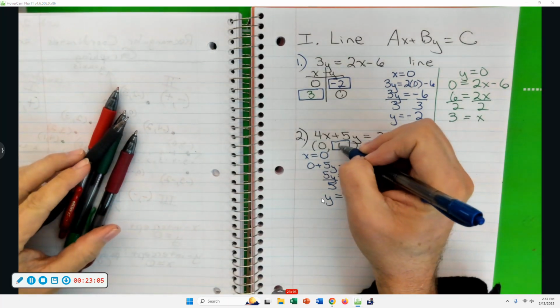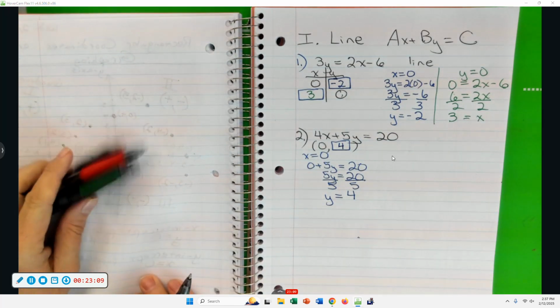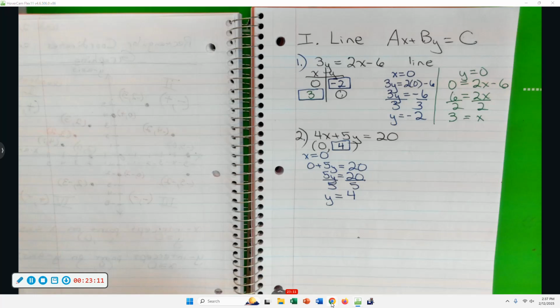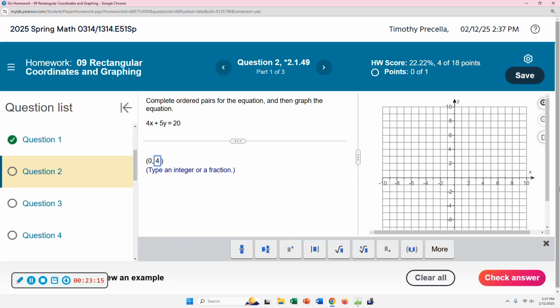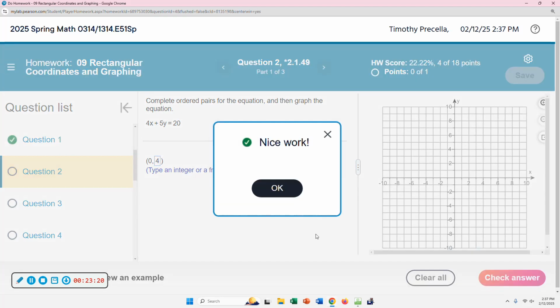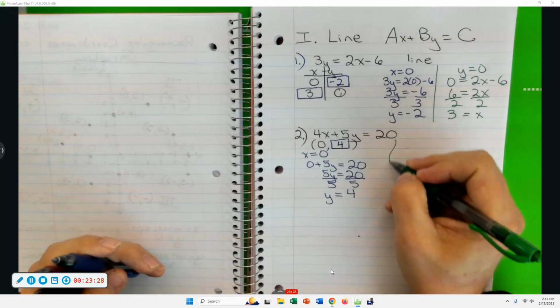So we've just found our first ordered pair, 0, 4. Let me type that in. Wouldn't this be a better example if that 20 had been a 40? Why would it be a better example? Oh, because here it looks like you're just getting the same number, but that's just because of the numbers.